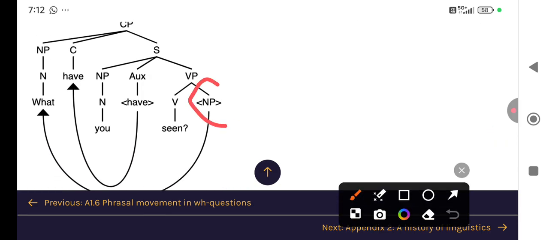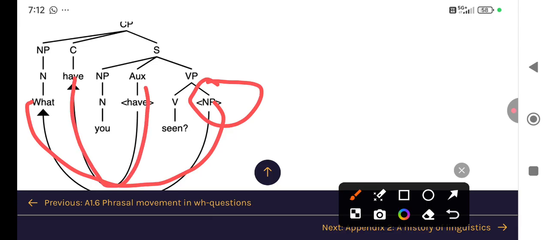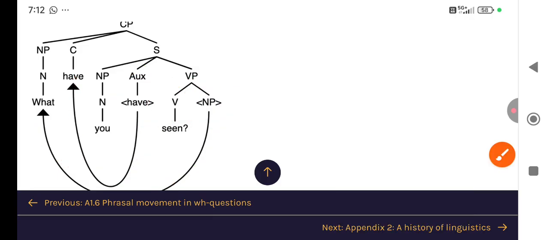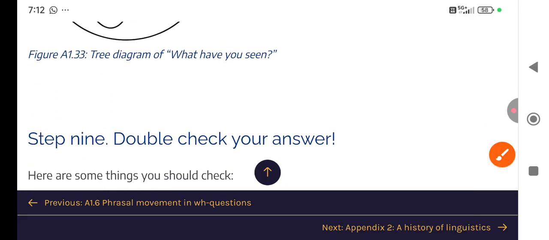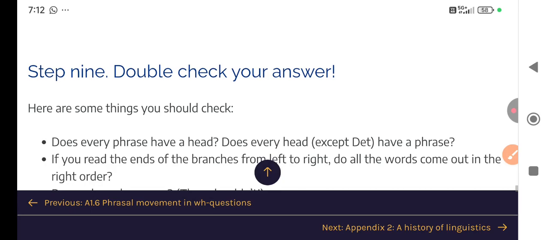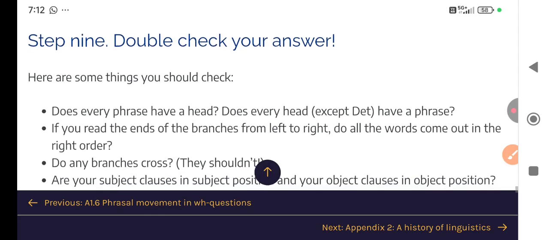So that is movement, and that have is already used. This angle shows that have is already used here, but the place should be here. Something like this. So this is another type of sentence. Now double check your answer.